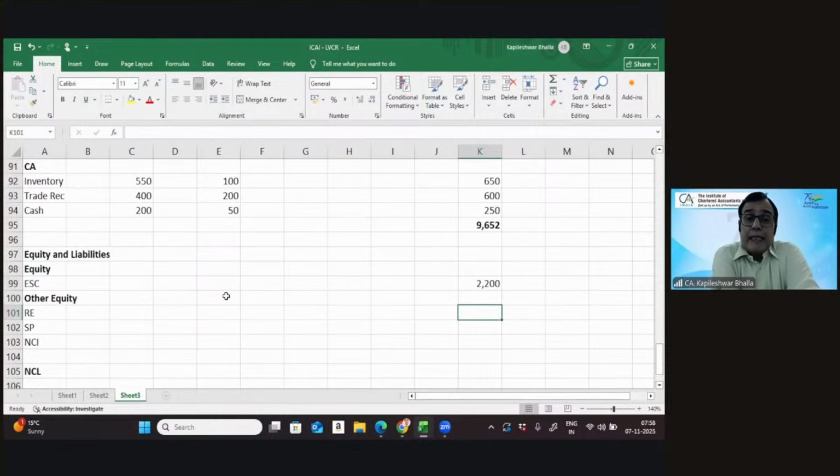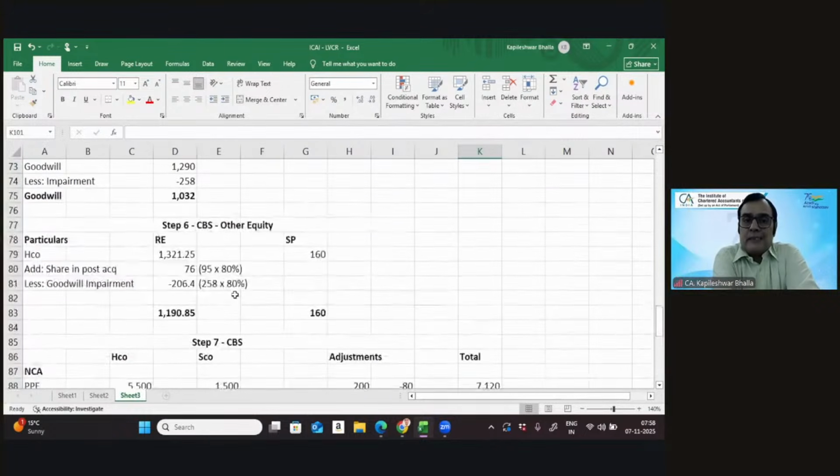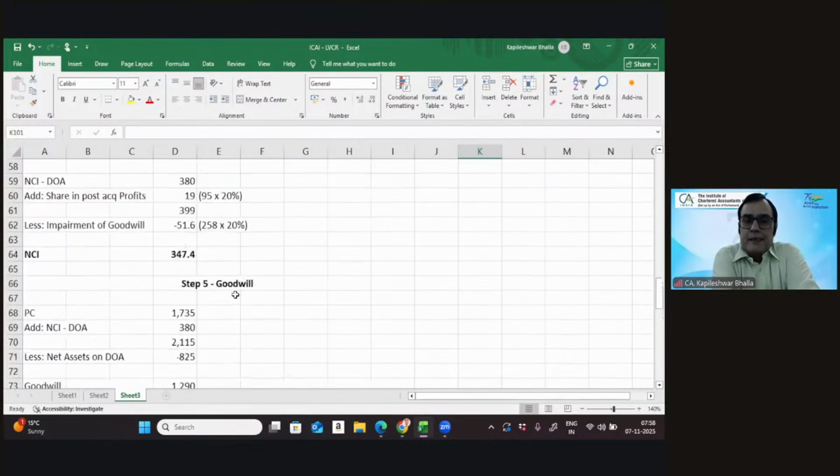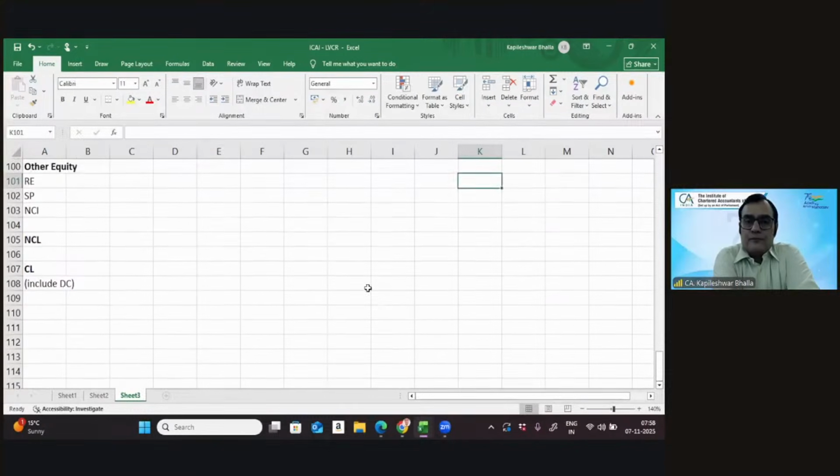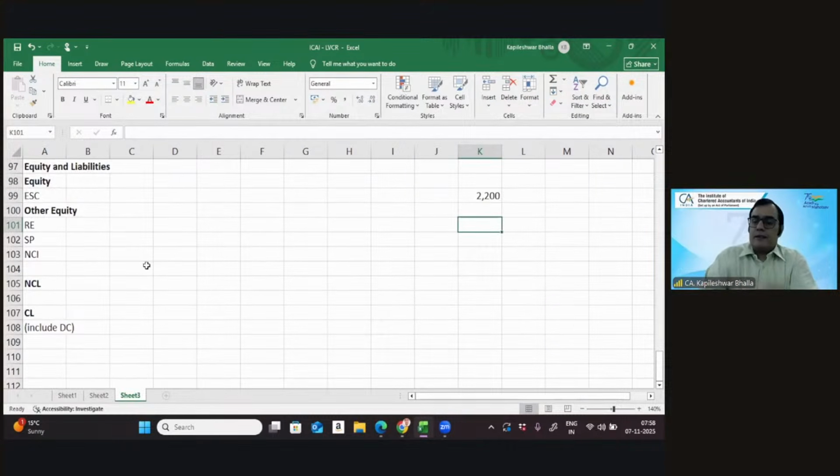Retained earnings and share premium are going to be picked up from which place? In the meantime, let me take the NCI. The NCI is to the extent of 347.4. So NCI is 347.4. And where do we pick up the information from?